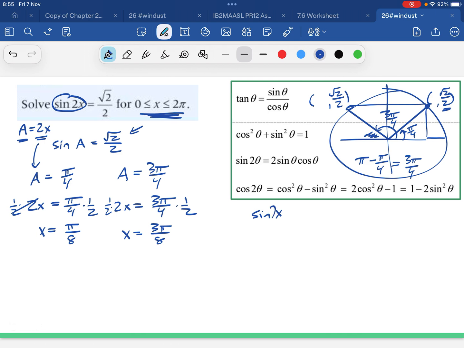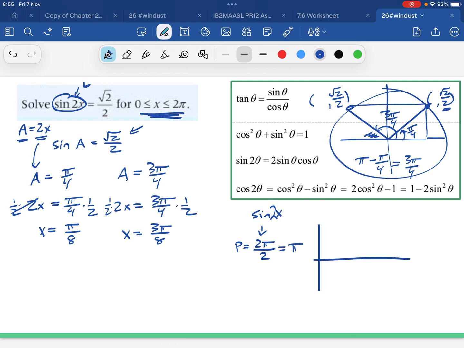But if I put a 2 in here, that's going to transform my graph. This is usually represented with the letter B, and the period is equal to 2 pi divided by whatever that B value is, since this problem is being solved in radians. In this case, it is 2, and 2 pi divided by 2 is pi.